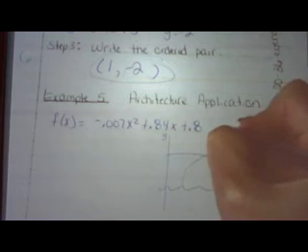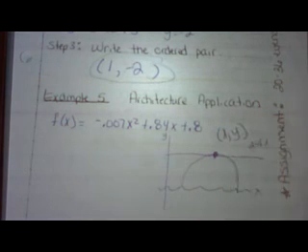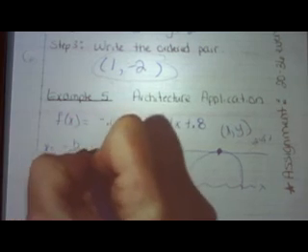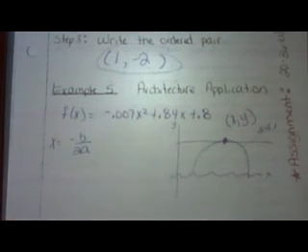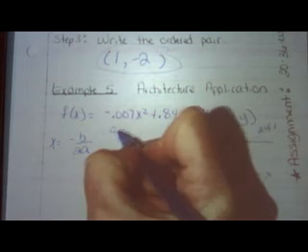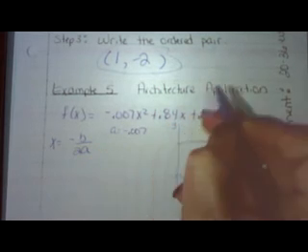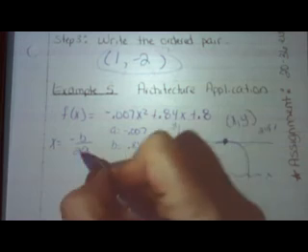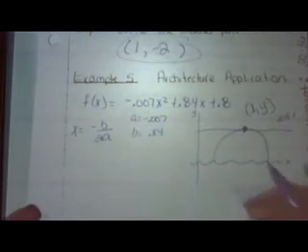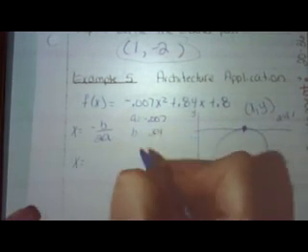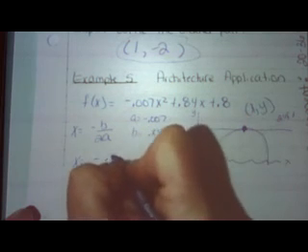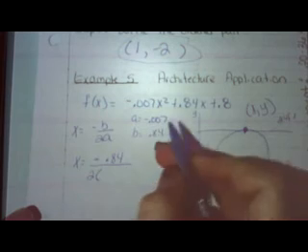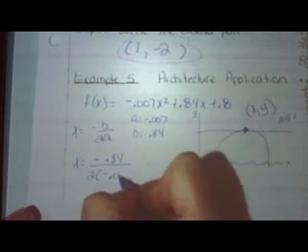Well, to find the vertex, I have to know my x and y. I know I can find the x by using the formula negative b divided by 2 times a. I can see that my a is negative 0.007, and I can see that b is 0.84. So if I plug these values into the formula, I have x equals negative 0.84 divided by 2 times negative 0.007.